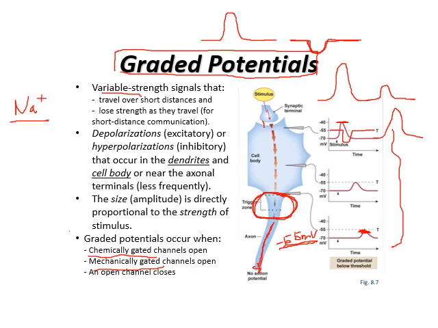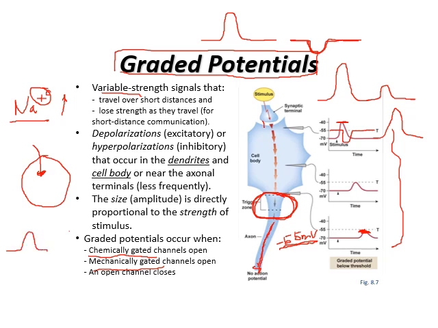Which way is sodium going to rush? Is sodium high or low outside? Yes, sodium is high outside. So sodium would rush into the cell. And what is sodium bringing with it? It is bringing a positive charge. So that would cause depolarization.